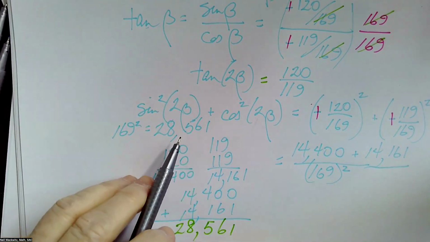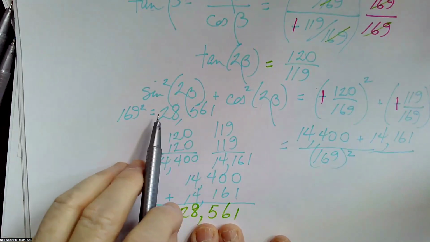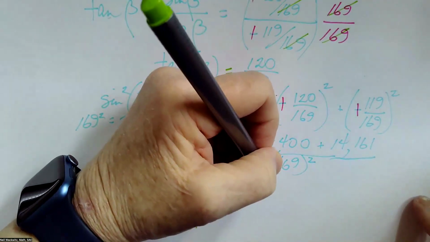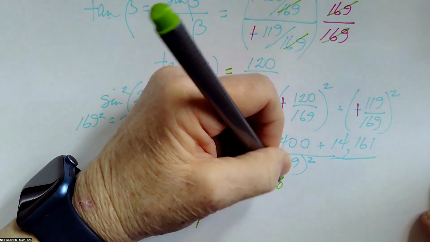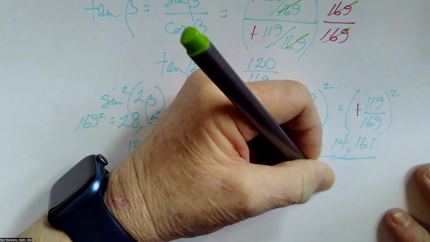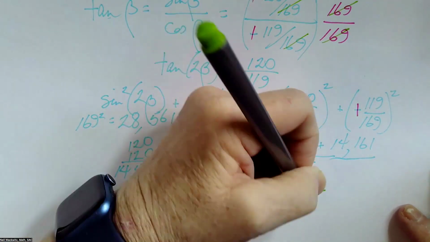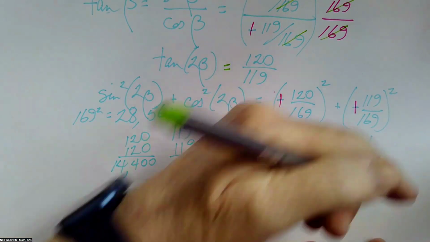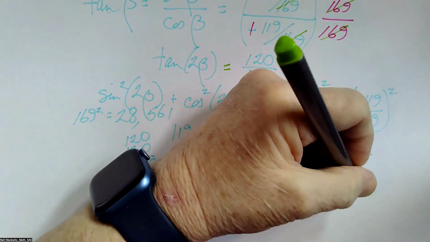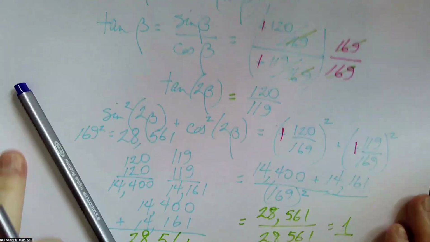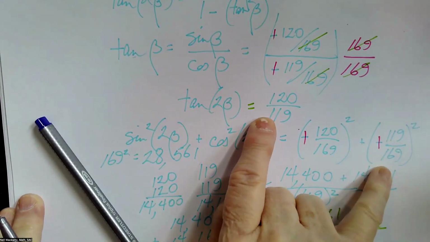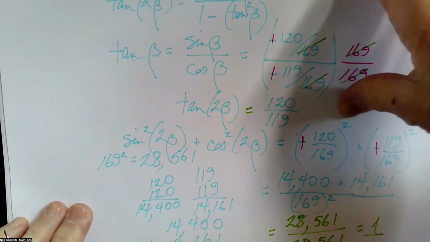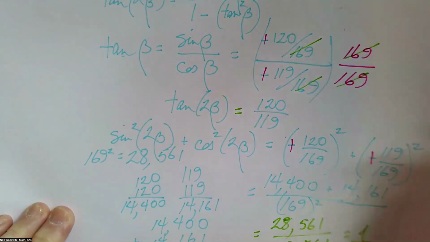And we do indeed get 28,561. So numerator and denominator are 28,561, which is 1. So these bizarre looking sines and cosines do indeed still give us 1 when we square and add.